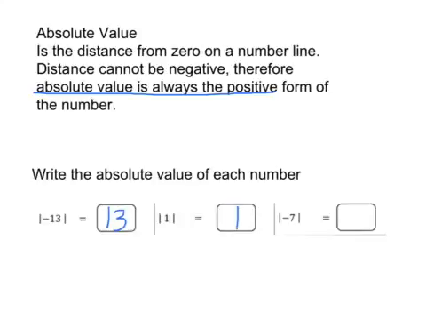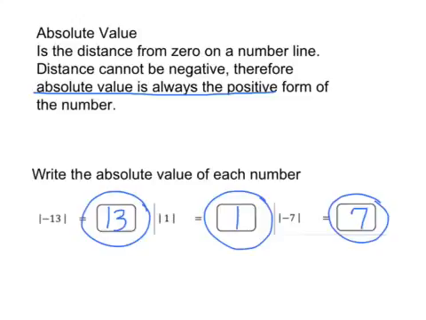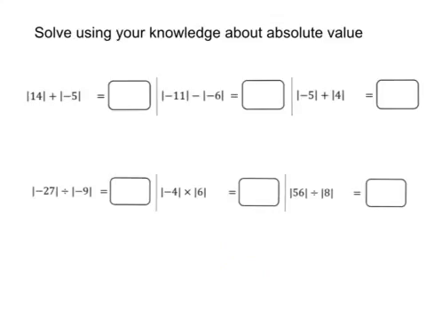Notice I did not change it to negative. You're not finding the opposite, you're finding the absolute value. The absolute value of negative 7 is a positive 7. All of my absolute values are positive. They always have to be positive. Even in this instance with that positive 1, it's still a positive 1. Nothing changes.